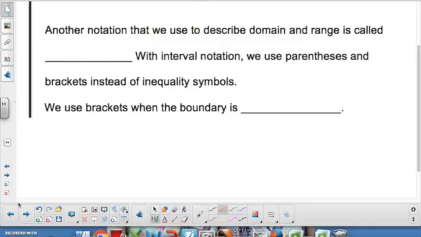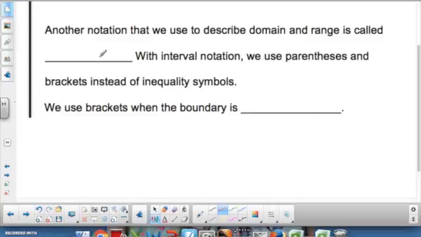Another notation that we use to describe a set of numbers, and in this lesson to describe domain and range, is called interval notation. When we're working with interval notation, we use parentheses and brackets instead of inequality symbols. We're going to use brackets when the boundary is included, in place of your less than or equal to and greater than or equal to.